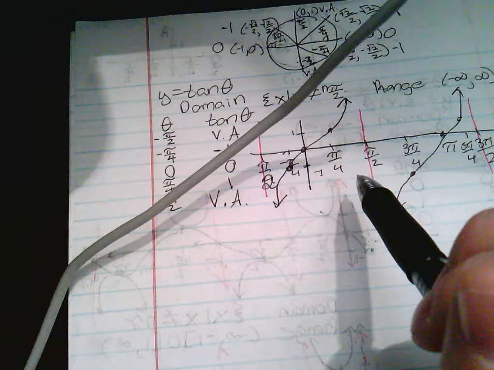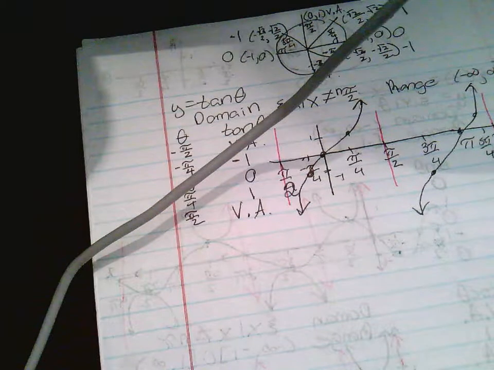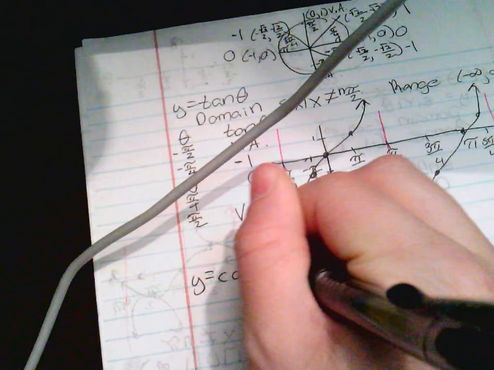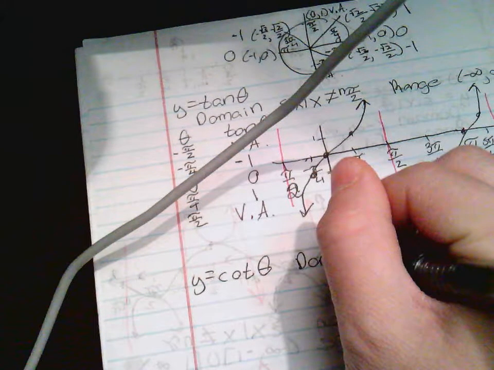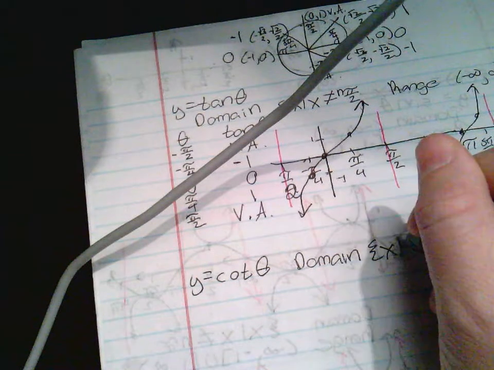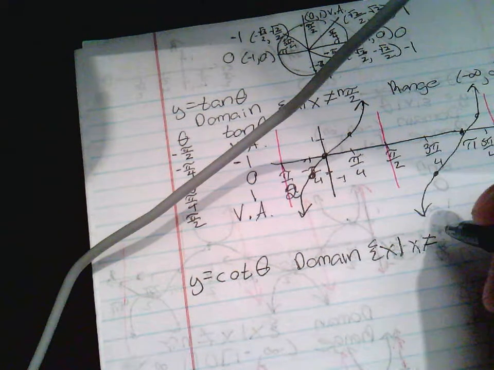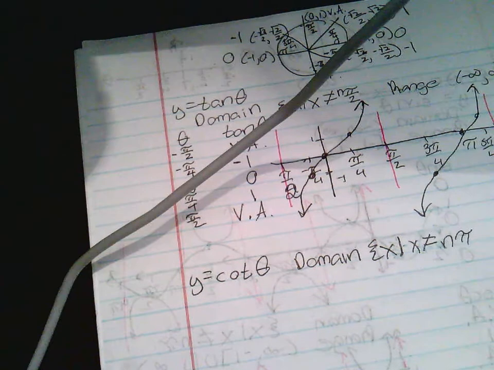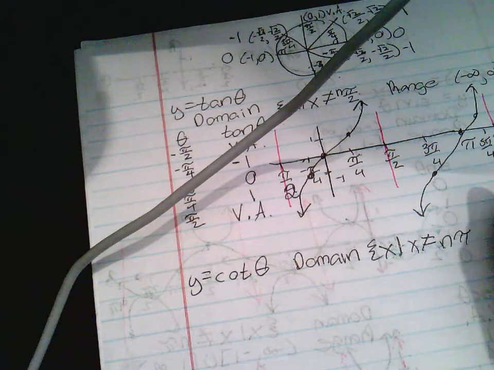So y equals cotangent of theta. My domain is going to be all x such that x can't equal n pi. And my range is going to be the same as tangent, so negative infinity to positive infinity.